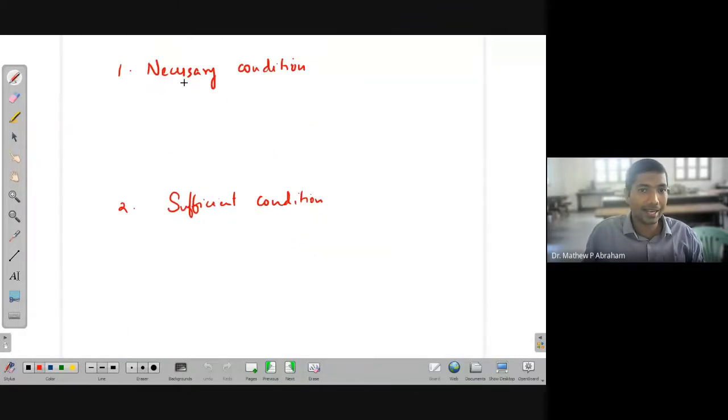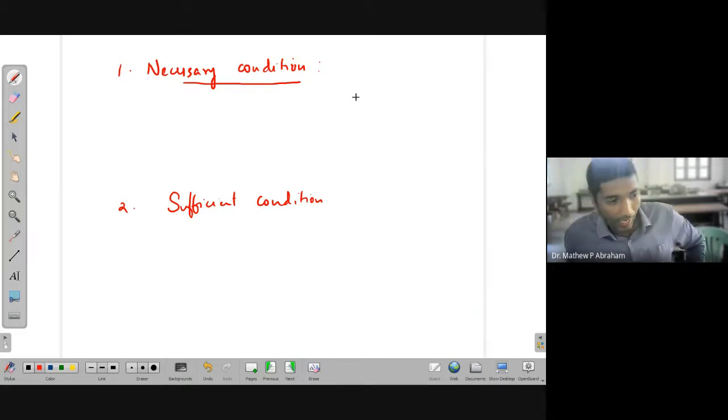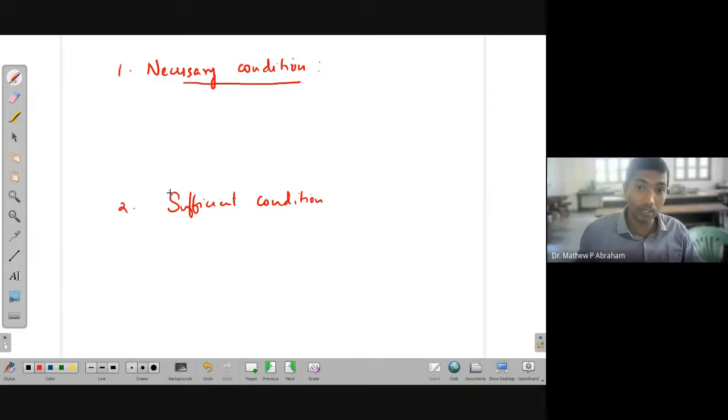So what is this necessary condition? It says that if somebody gives me a point and says that particular point is the solution, then that point needs to satisfy the necessary condition. I'll write it here so that it will be clear.